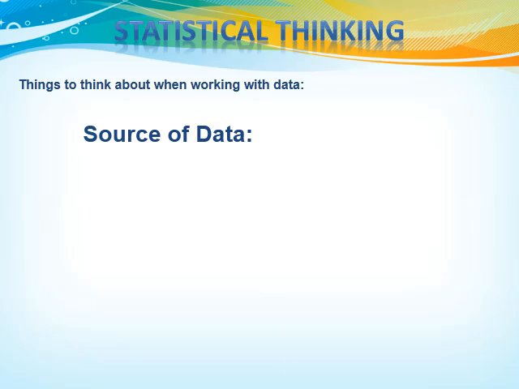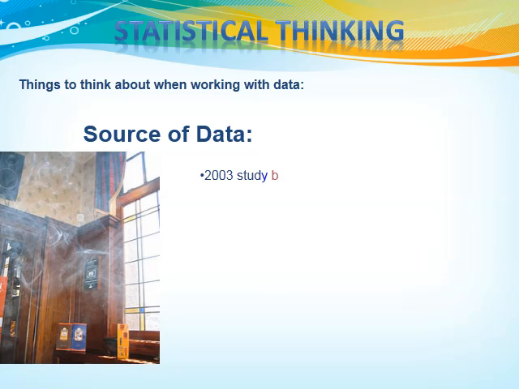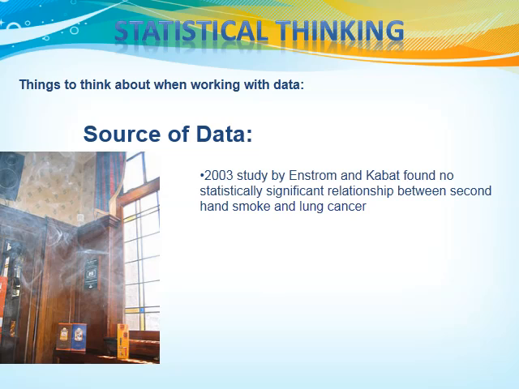The next thing to think about when you're working with data is the source of that data. Where did the data actually come from? So let me illustrate this idea and why it's important with this example. In 2003, a study by Enstrom and Cabot found no statistically significant relationship between secondhand smoke and lung cancer.